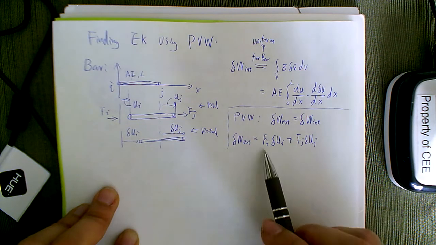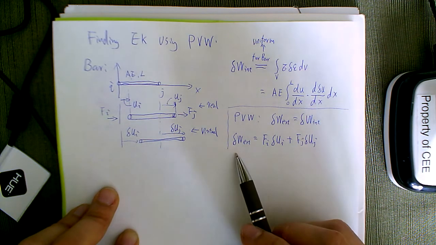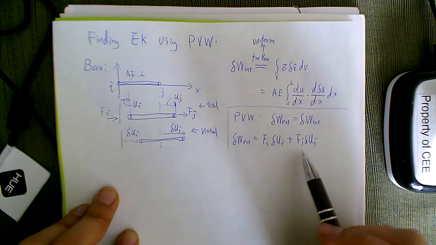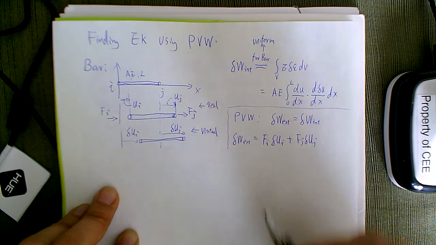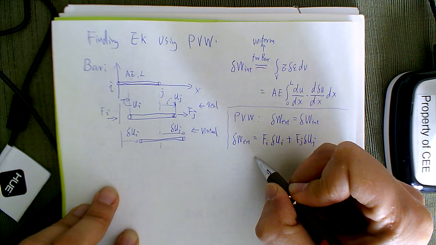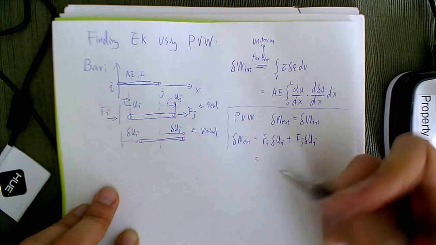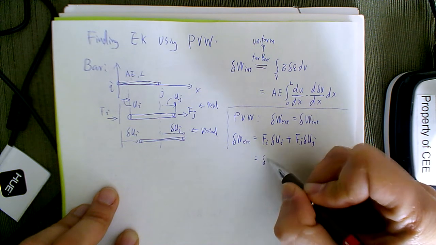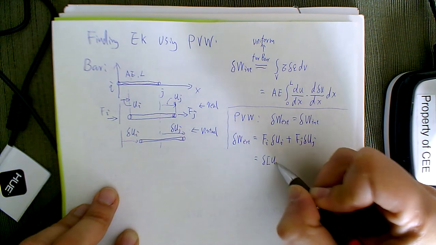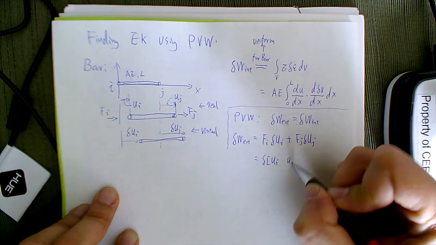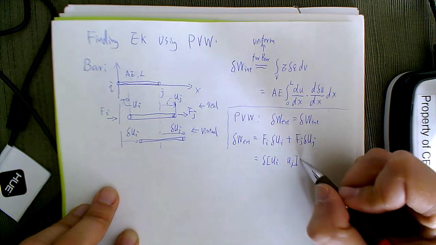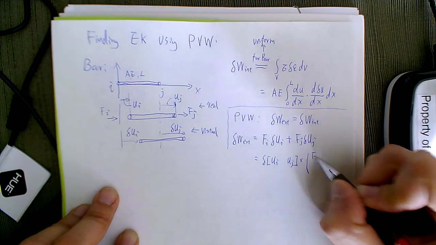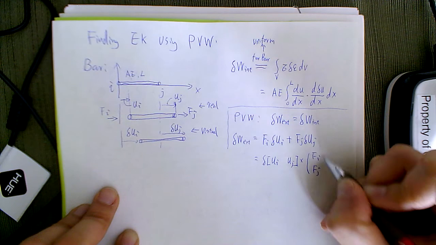But everybody has a basic physics education, so you know this is right. When you calculate the work done by force, we're going to write it in a different way. We're going to write the virtual ui and uj, so that I don't have to write it twice, times your force vector Fi, Fj.